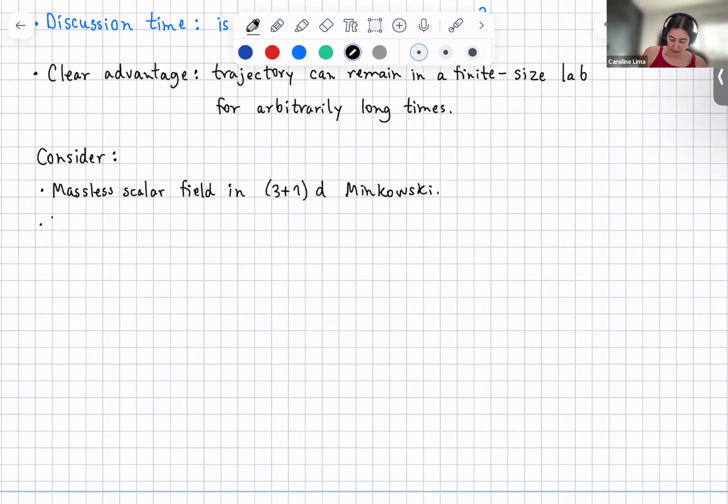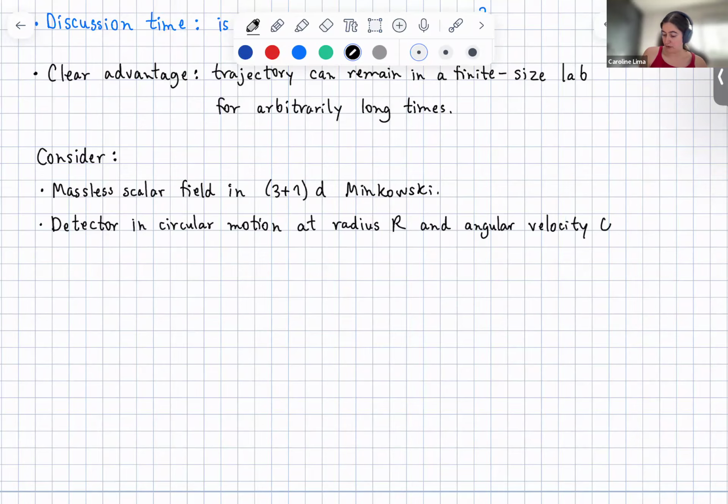Now I will couple this to a detector that is in circular motion, at a radius I will denote by r and some angular velocity omega.